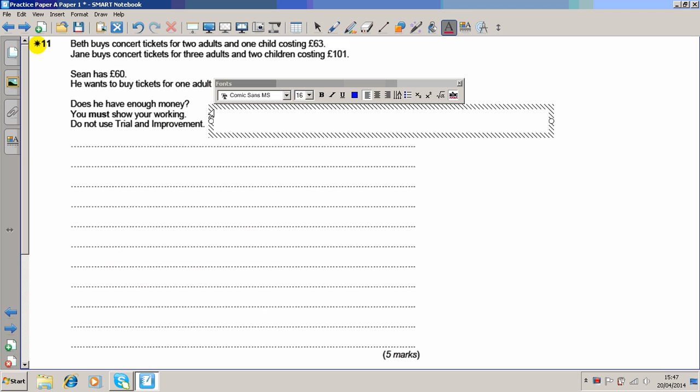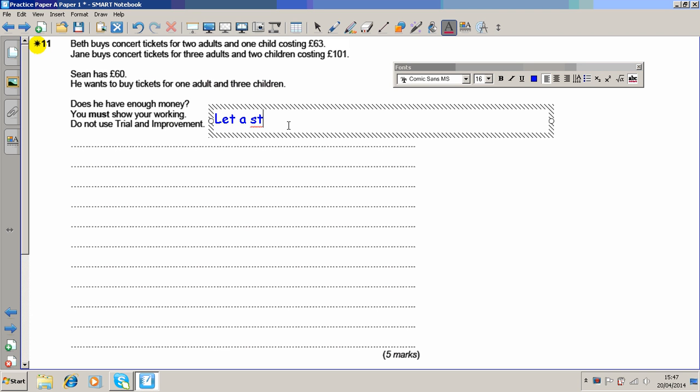So I'm going to say something along the lines of, let A stand for an adult and let C stand for a child.